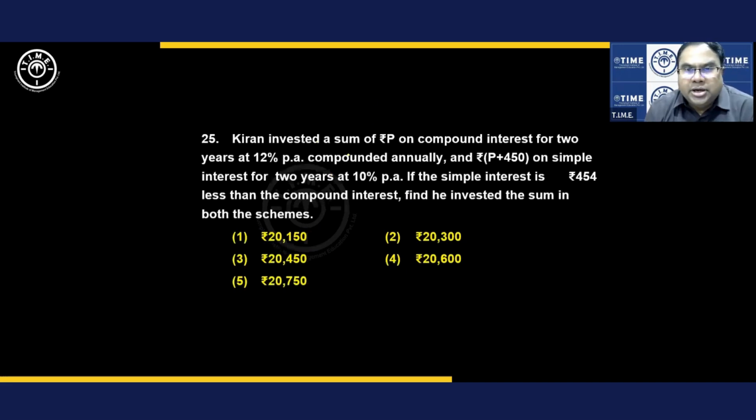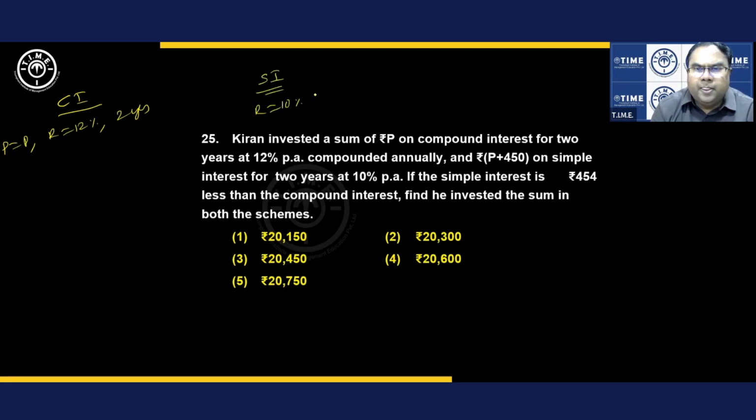Okay, look at this question. Simple interest, compound interest question, interesting question. Kiran invested sum of P at compound interest for 2 years at 12% per annum. Compound interest 12% per annum, 2 years. Amount invested is P. Under simple interest, 10%, 2 years.